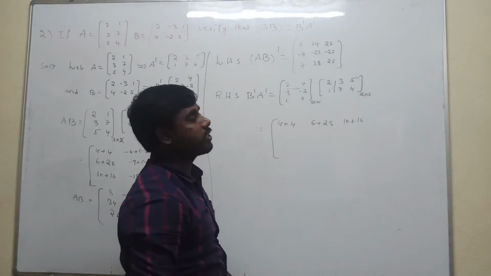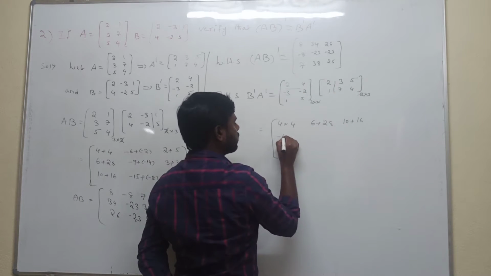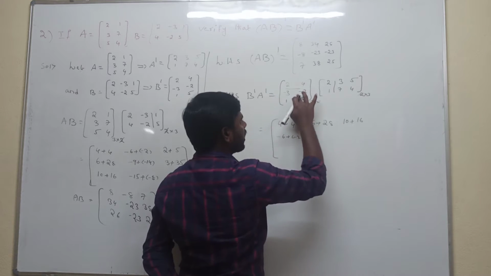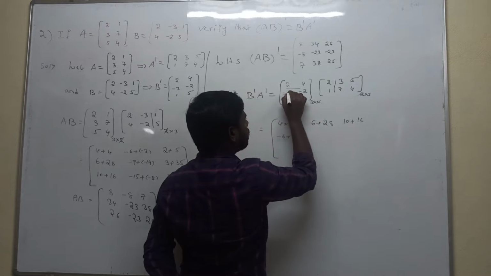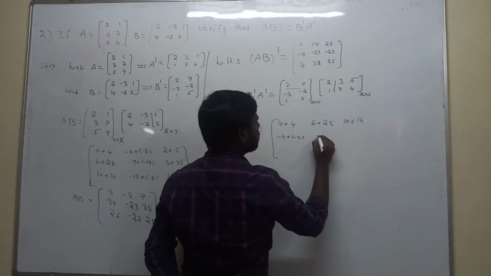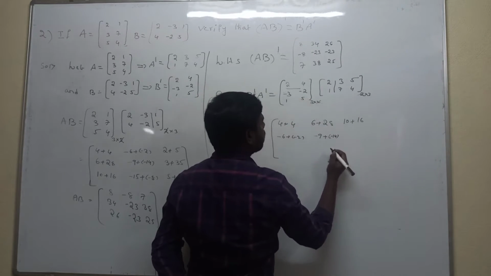Next we go to the second row. Second row, first column: minus 3 into 2 is minus 6, plus minus 2 into 1 is minus 2. Second row, second column: minus 3 into 3 is minus 9, plus minus 2 into 7 is minus 14.